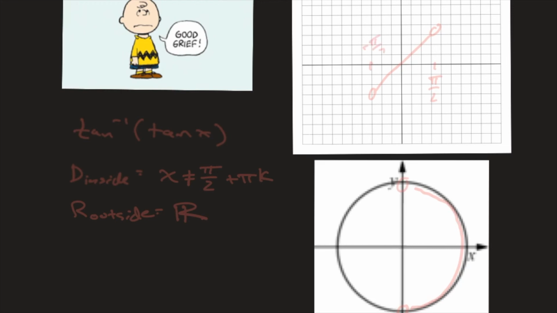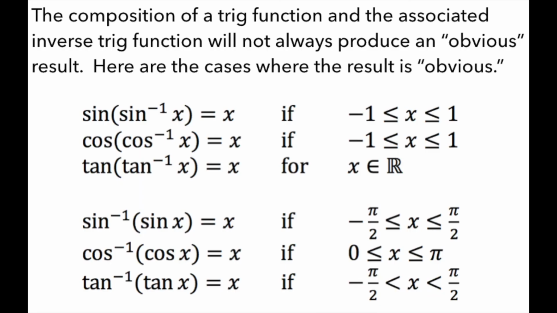In fact, that piece looks exactly like sine inverse of sine of x does. On the other hand, tan is always an increasing function, so it doesn't come back down like you see in Charlie Brown's shirt. Instead, you see all these y equals x like lines on every odd interval from negative pi over 2 to pi over 2.